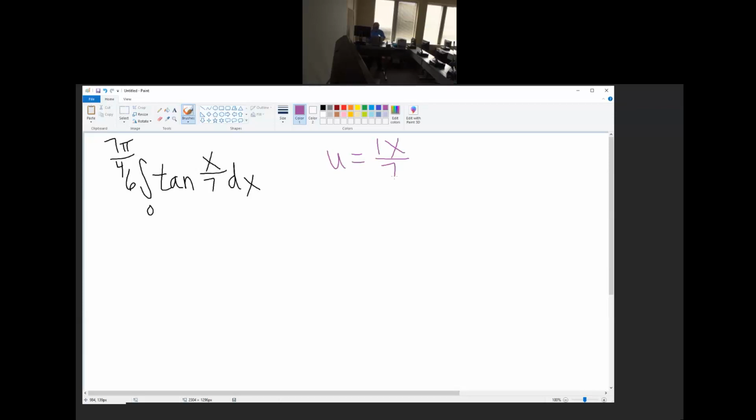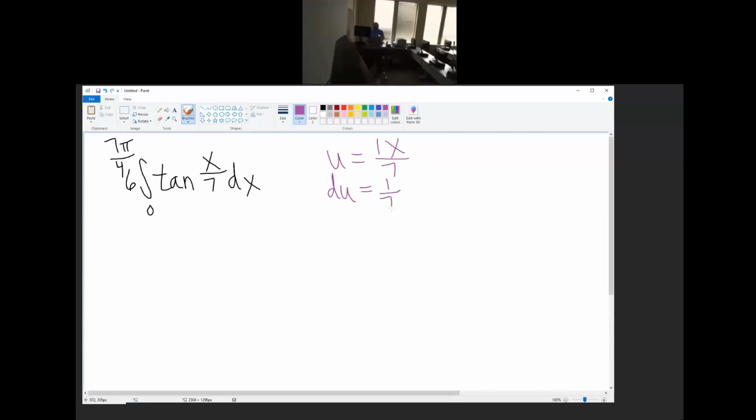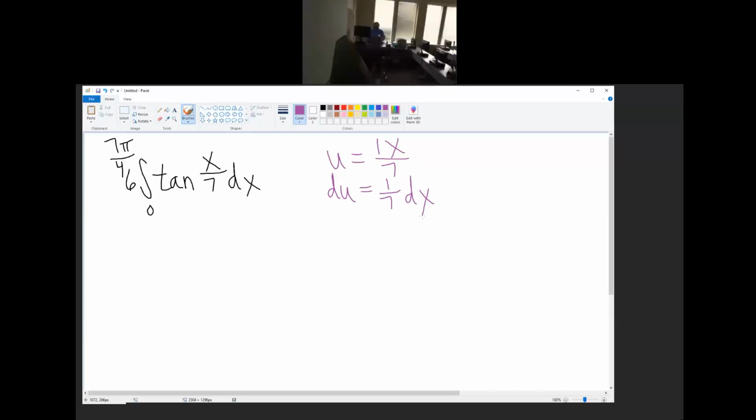Now, when we take the derivative of both sides, the derivative of u is du, and the derivative of 1 over 7x is just 1 over 7 dx. The only thing that we need to plug into our original problem is the dx part, and of course the u part.